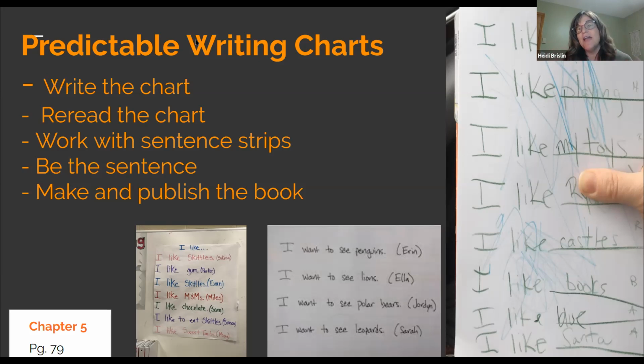Then I leave the last one for spell your own word. So they're able to use their AAC to help with writing, but they also get the opportunity to work on their own spelling, and they get a kick out of it. It's so much fun. Then we're going to publish them in a Book Creator book.